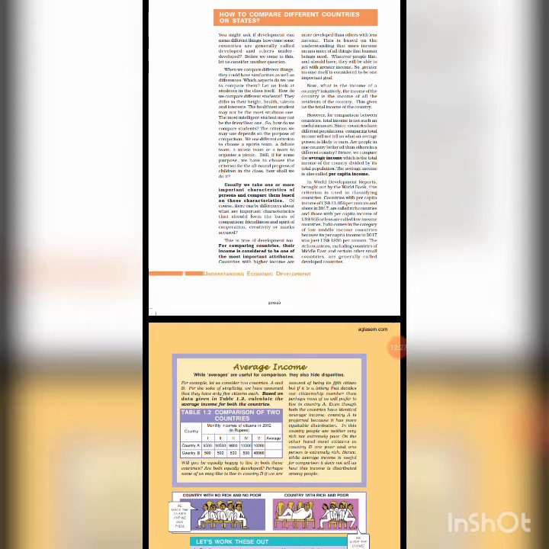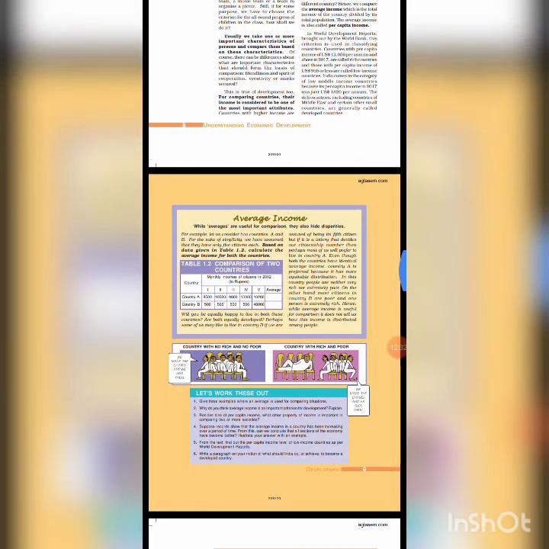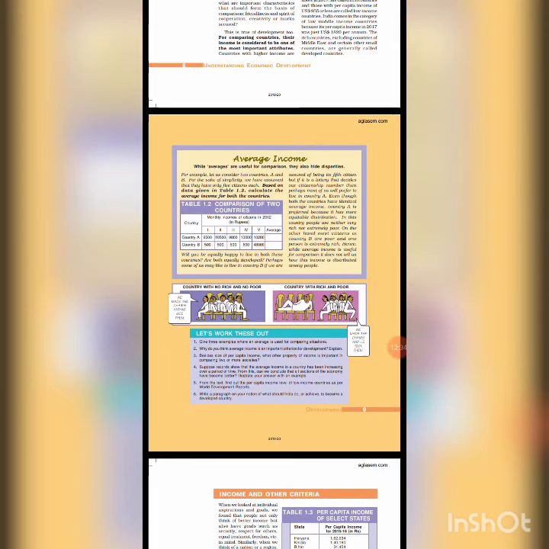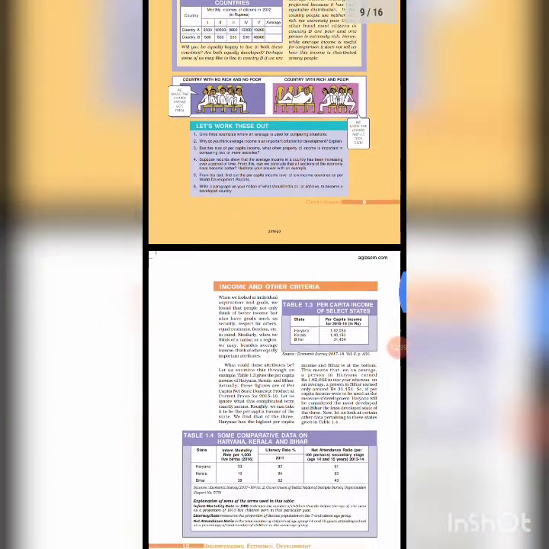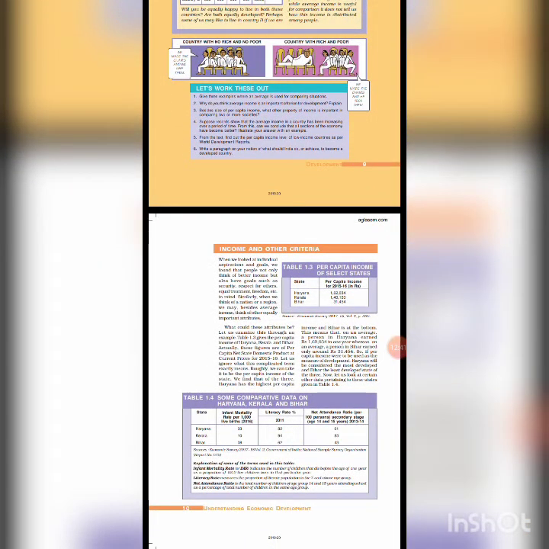It indicates the development of health facilities in a country, and it also indicates other factors related to the particular state or country. In India, Kerala has the lowest IMR, infant mortality rate, while Bihar has the highest.